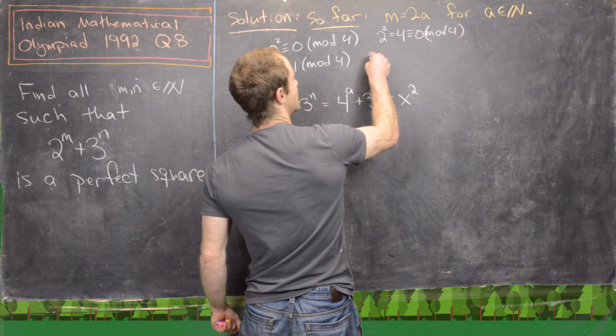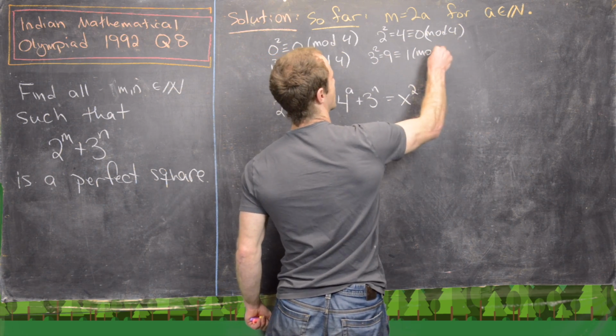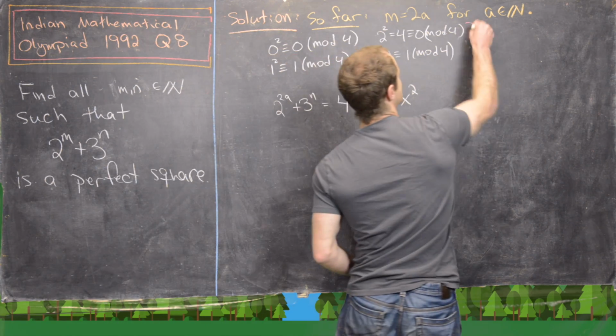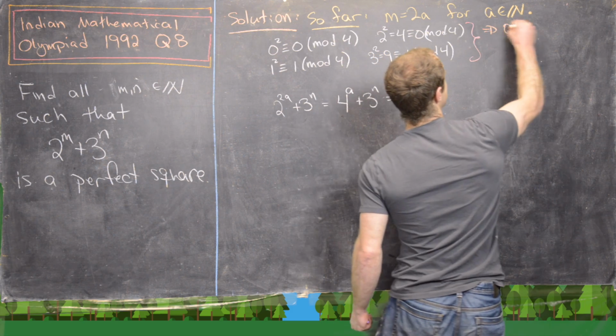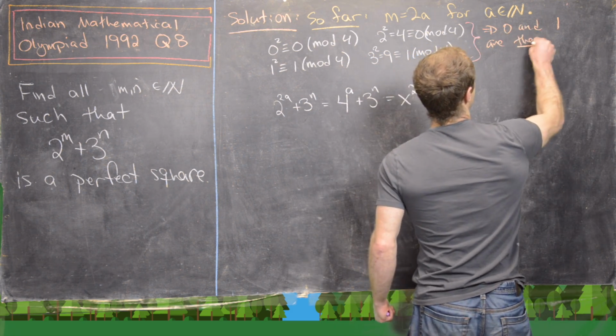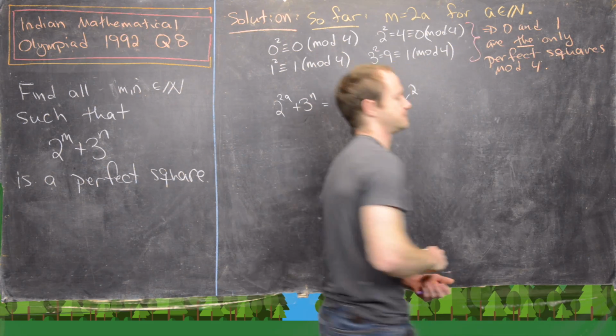And then finally, 3 squared is equal to 9, but that's congruent to 1 mod 4. So notice here we have a similar setup to what we had when we were working mod 3. So in other words, 0 and 1 are the only perfect squares mod 4.